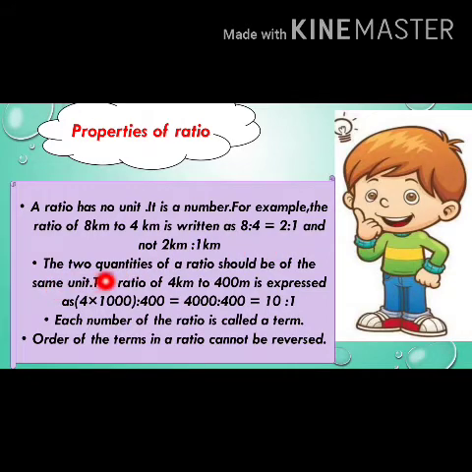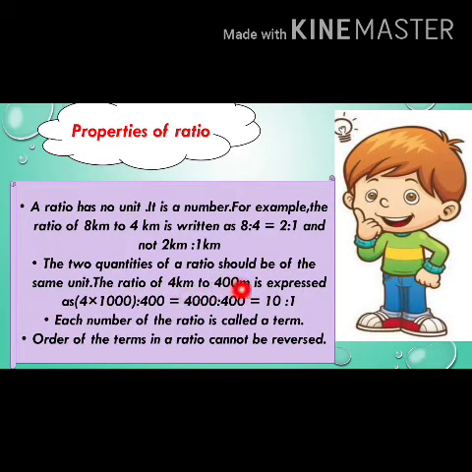The two quantities of a ratio should be of the same unit. The ratio of 4 km to 400 meter is given. You have to change kilometer to meter because the two quantities of a ratio should be of the same unit.